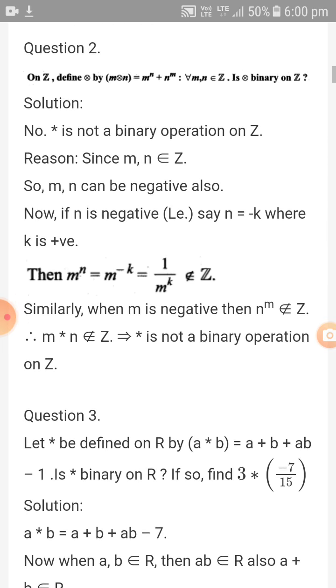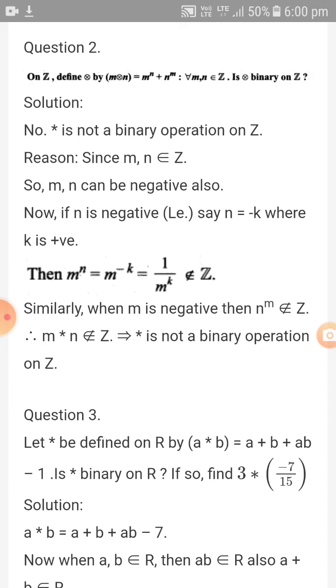Now we are going to see the second sum on Z. Define star by m star n equal to m power n plus n power m, for every m, n belongs to Z. Is star a binary operation on Z? Here we are saying no, it is not a binary operation on Z. Reason: m, n belongs to Z, and m, n can be negative also.